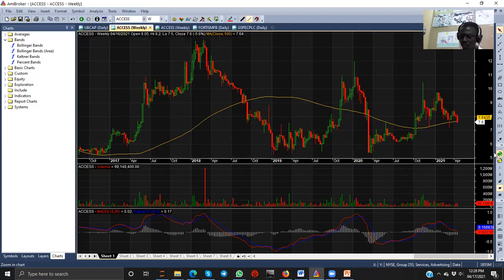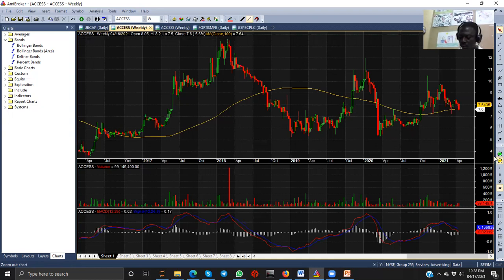Now, the time frame I use with it is the weekly time frame, which gives me enough time to see what the price has done, and it filters out all that noise that you might have seen that has happened before in the market.